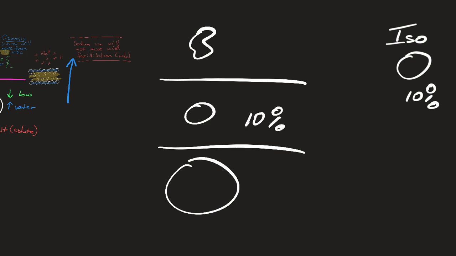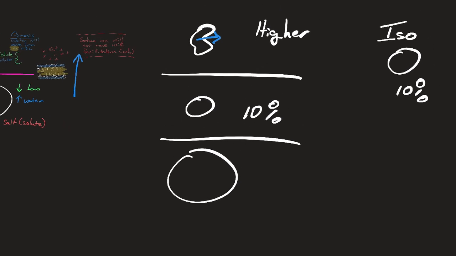So this one must be 10% because they're the same. It's not shriveled. It's not swollen. So it's 10%. This one must be higher than 10%. Why must it be higher than 10%? Because water's leaving. And water moves towards where it's hypertonic, where there's more salt and less water. So if it's leaving, it's shrinking.